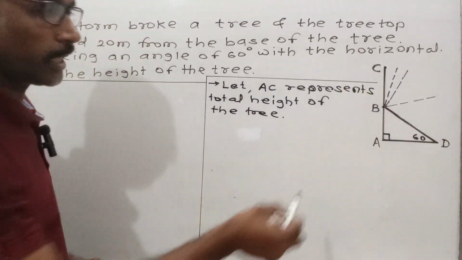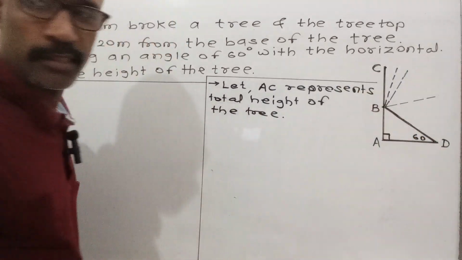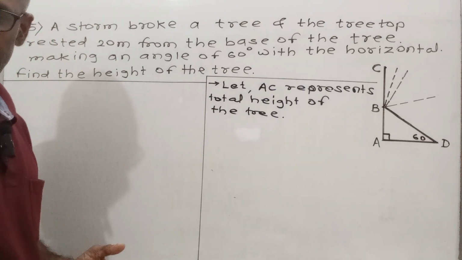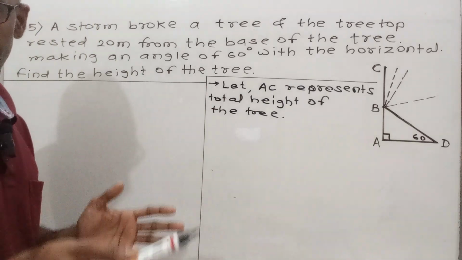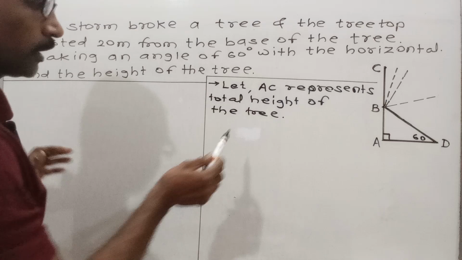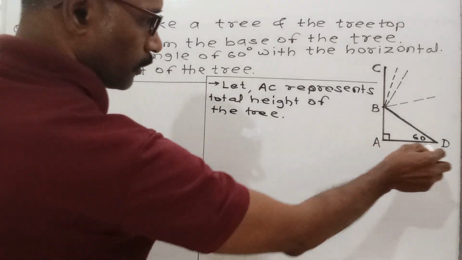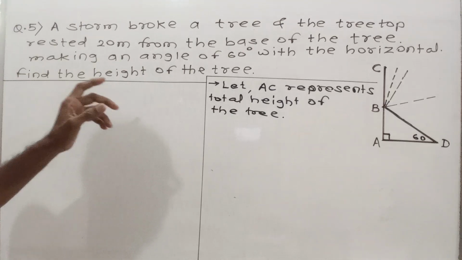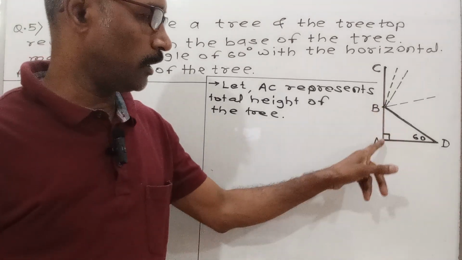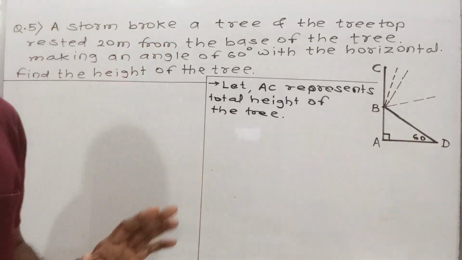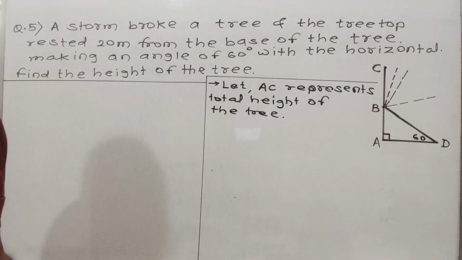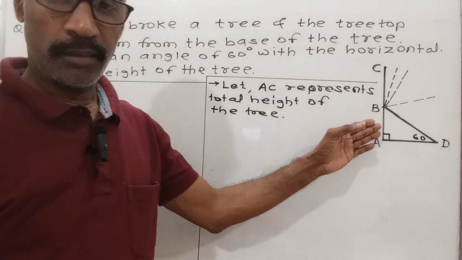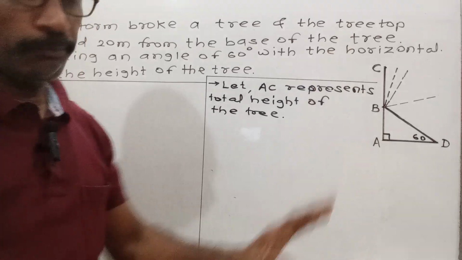AC as well as AB plus BD also represents the total height of the tree. Okay. Now here, we don't know AB and BD. So first of all we will find AB and then BD.